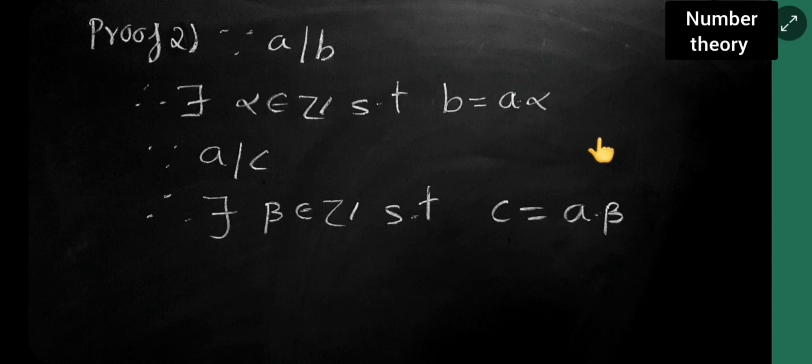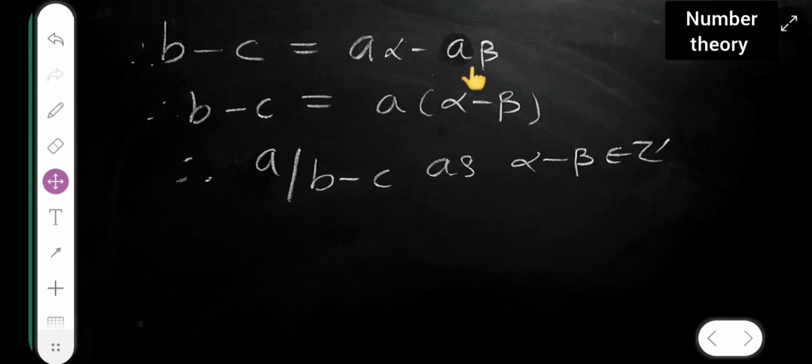Here you are getting what is your a, b and what is your c. Place the values here. Okay, then b minus c is equal to what? Now this a you all have to take common, okay, and then alpha minus beta. So finally we'll get a divides b minus c, as alpha minus beta belongs to integers.